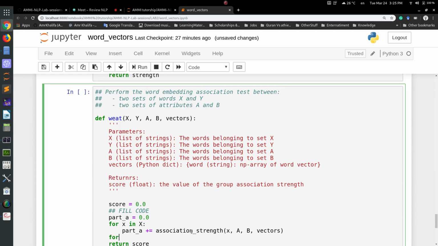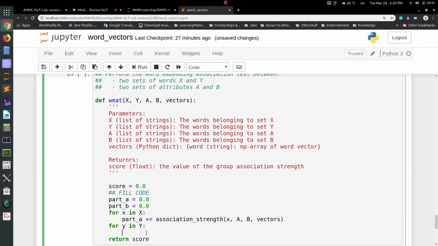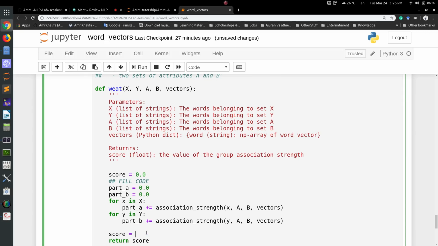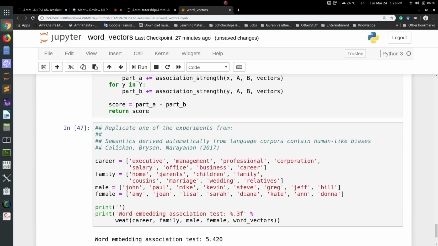And then we can do for y in Y, let's initialize part B equals 0, part B plus equals the association strength of y, A, B, and vectors. And finally the score is going to be part A minus part B. Now let's see if we made any mistake.